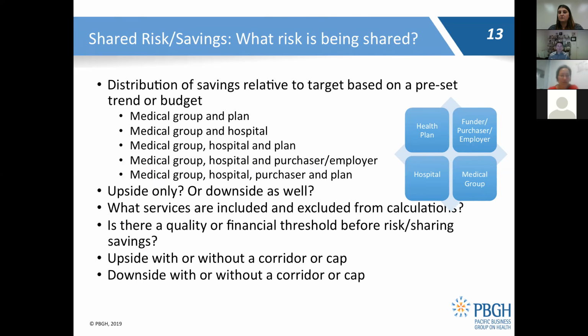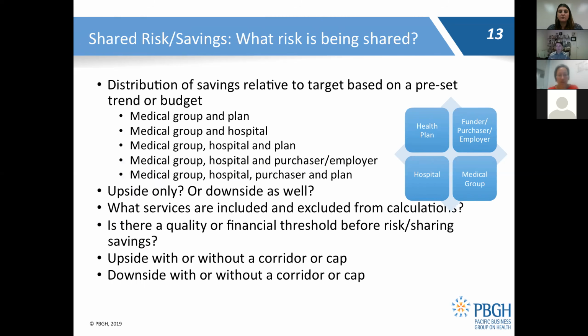There are regulations in California that limit the downside risk in that direct contracting arrangement, but outside California, nationally, there are a number of instances, such as Boeing in their contracts with their ACOs, that do have a target performance budget that looks at total cost of care, and there is downside risk for the provider organizations, as well as a number of quality measurement requirements.